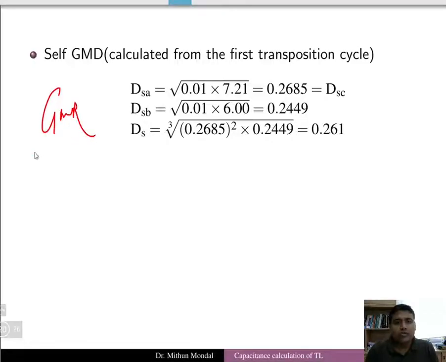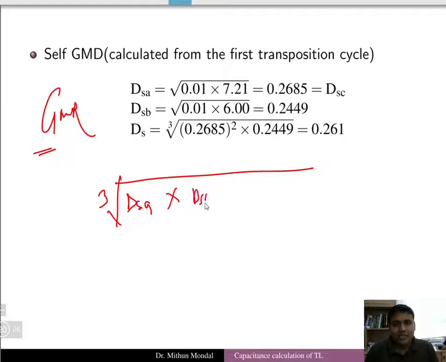Now calculate the GMR of the line. So the GMR of the line you have to calculate as calculated in the previous calculations for all these three configurations. So you have three configurations, DSA into DSB into DSC. So obtain these three individual GMR, and to find out the total GMR of the line, which comes to be 0.261.